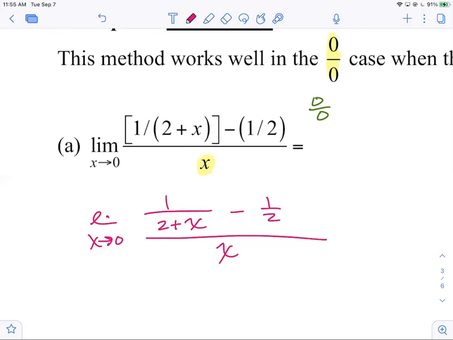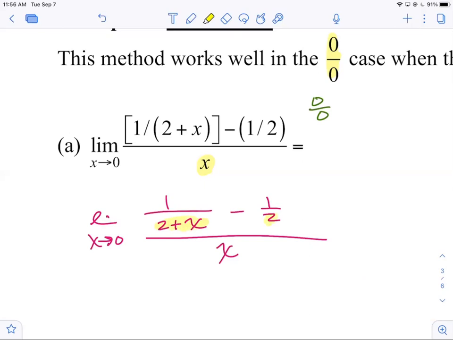But there are lots of different ways you can go about eradicating the complex fraction, and the quickest, most efficient way is by multiplying by a clever form of 1, like we did in the rationalizing method. But this one is going to be the LCM over the LCM of what I call your miniature denominators.